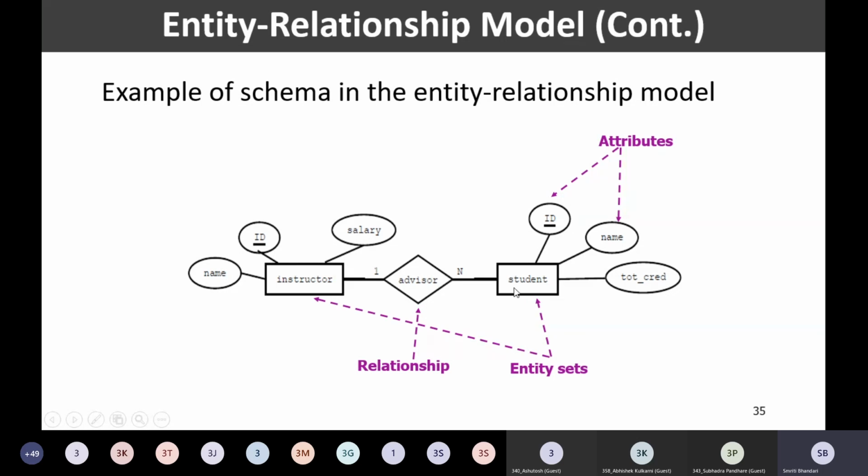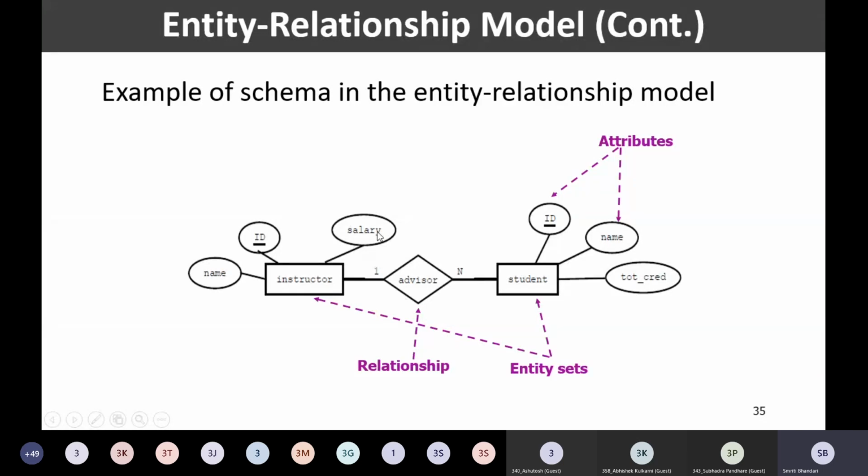Whereas student is the entity set with three attributes once again: ID of the student, name and total credits. So these ID, name and total credits are nothing but the attributes of the entity set student. Similarly, for instructor, we have three attributes.